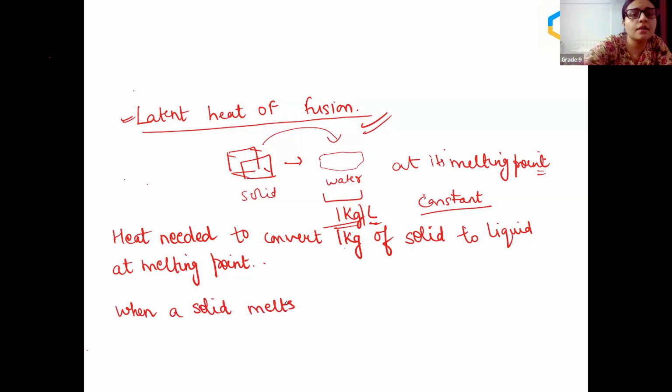Okay, so I got an answer, I think, in the chat box. Between the particles. So between the particles, what is this heat doing there? Can you tell me the function of this heat? When a solid melts, its temperature remains the same.